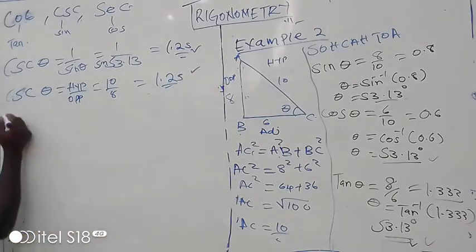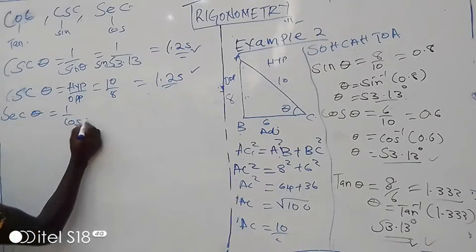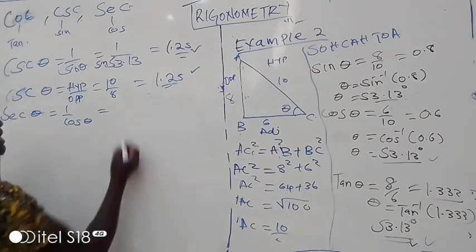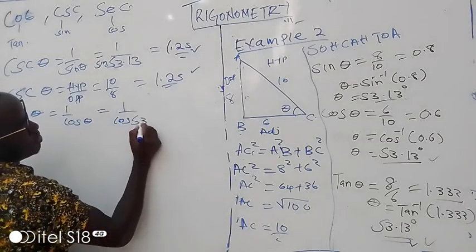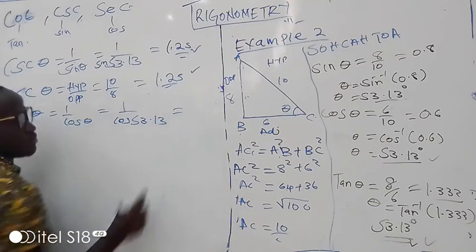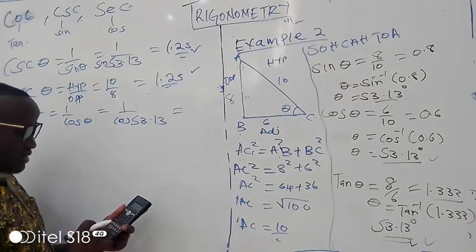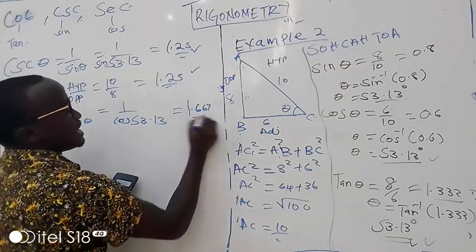Now we can come and see sec theta is equal to 1 over cos theta, which is 1 over cos 53.13. We take cos 53.13, then 1 over the answer. Here we are getting 1.667.